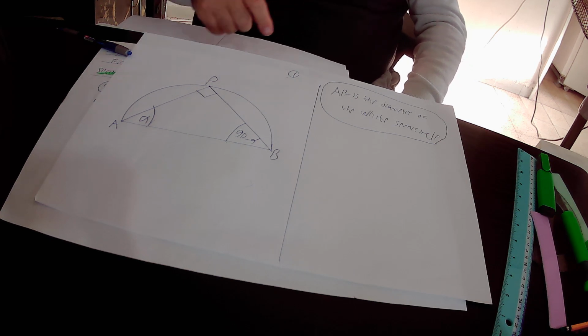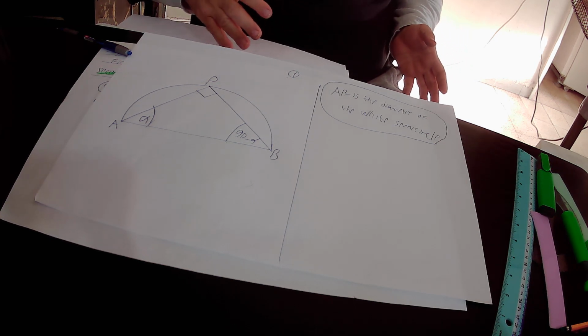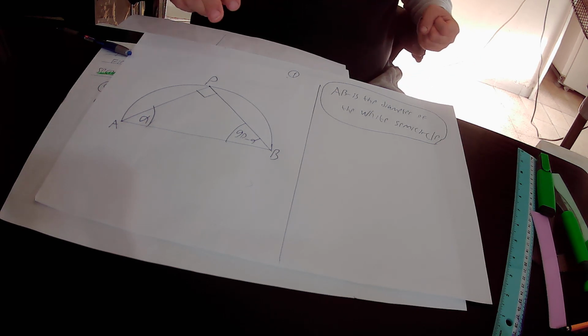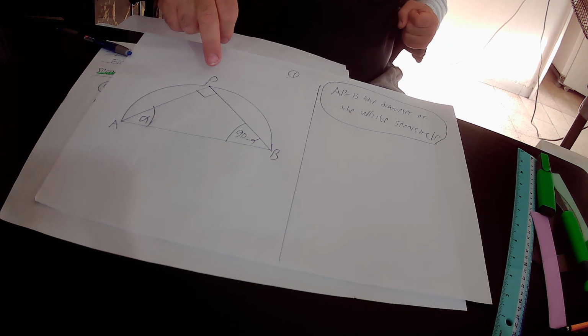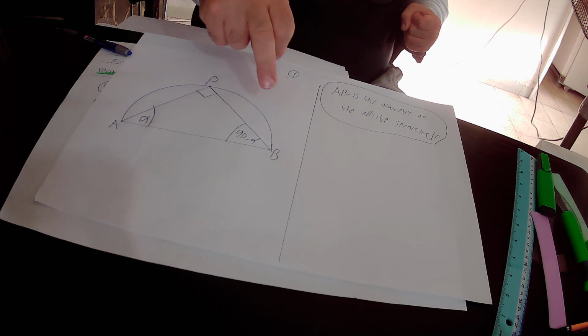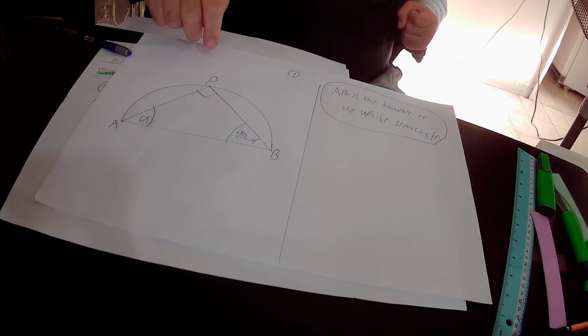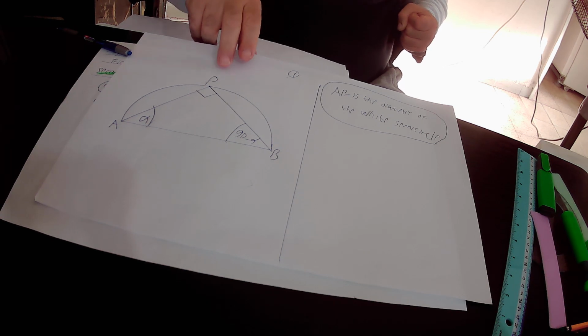Why? Because according to rule 7, any peripheral angle that is subtended on the diameter of the circle must be equal to 90 degrees. Therefore, peripheral angle APB is a right angle.